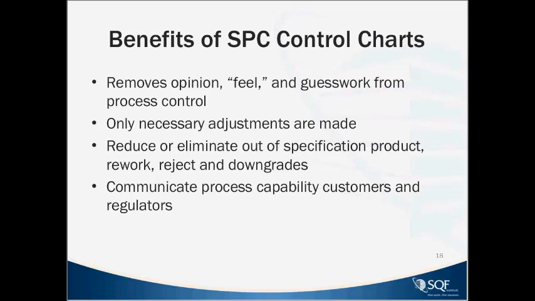And the one thing I think we underestimate a lot is how we can use the results of the numbers that we collect to communicate both internally and possibly with our customers and our regulators. If you're making an ingredient in the food industry, it's not uncommon to submit a certificate of analysis with your lot of product.